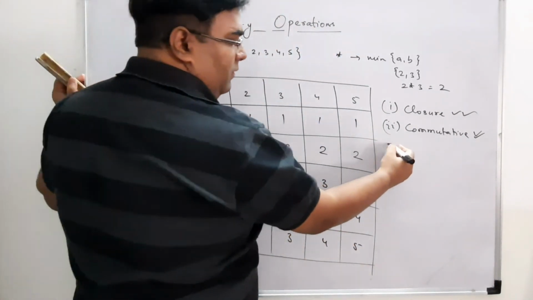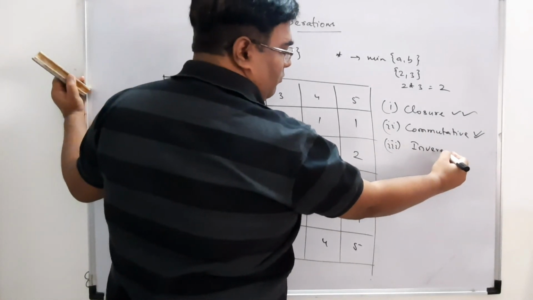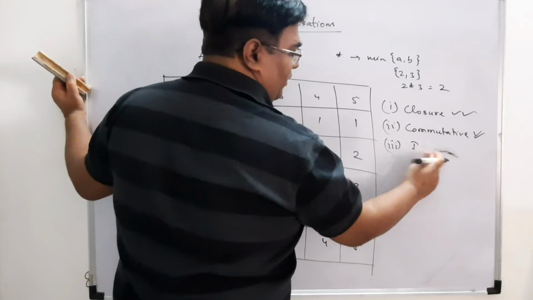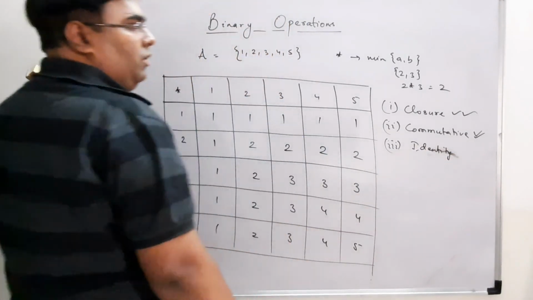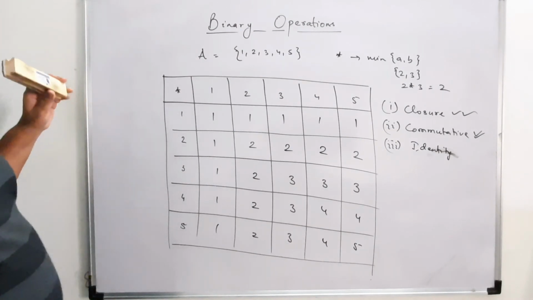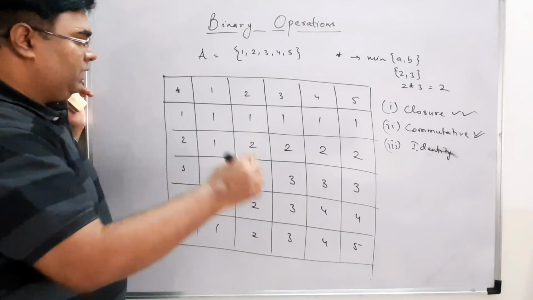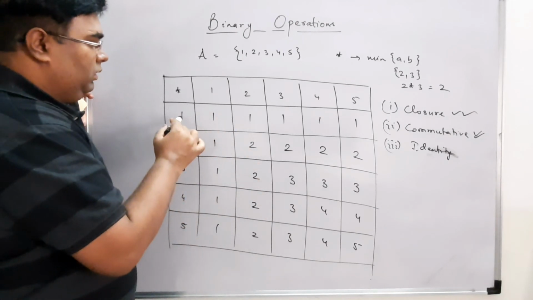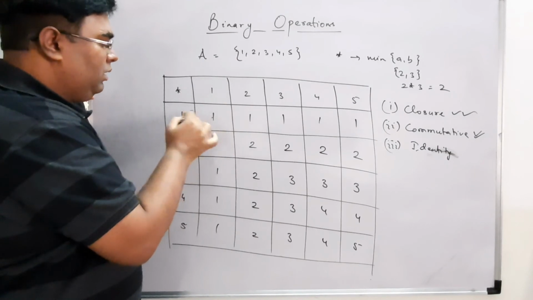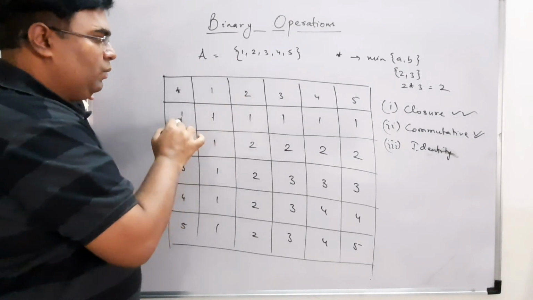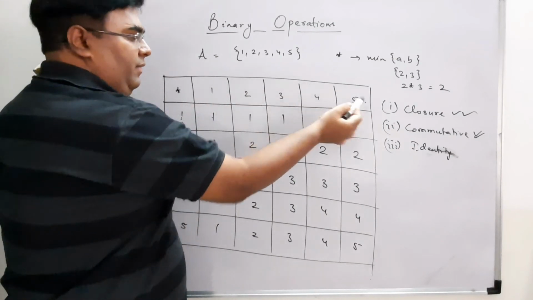So we have the commutative property also here. Third, identity. Sorry, identity, not inverse. For identity, we need to check what. See, 1 operated with 1 gives 1, 1 operated with 2 gives 1, and 1 operated with 5 gives 1.